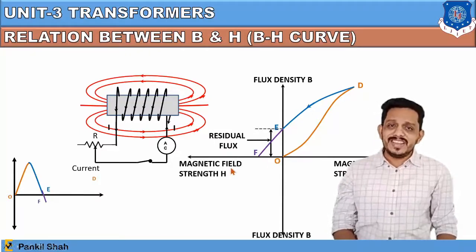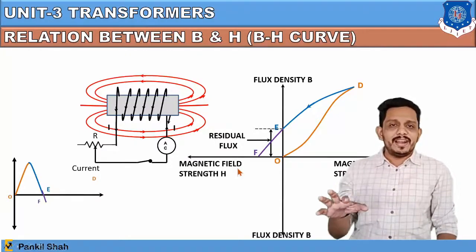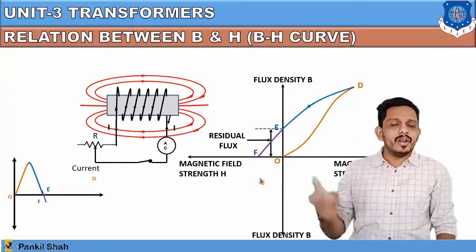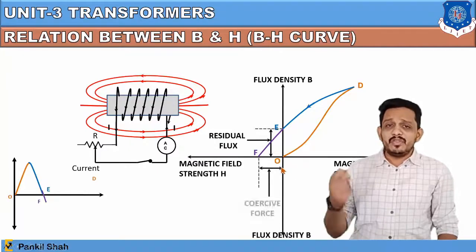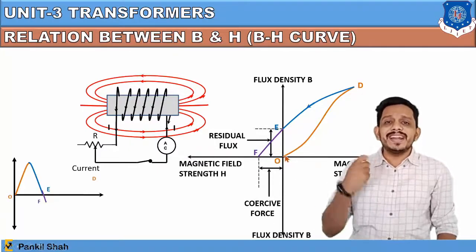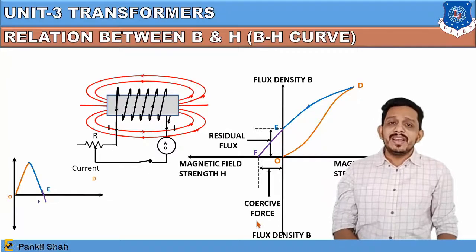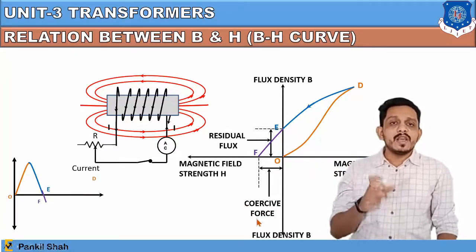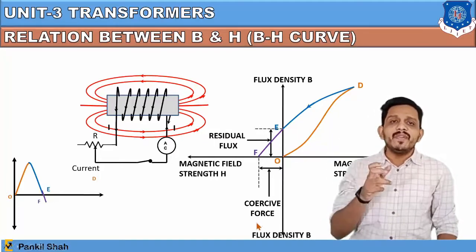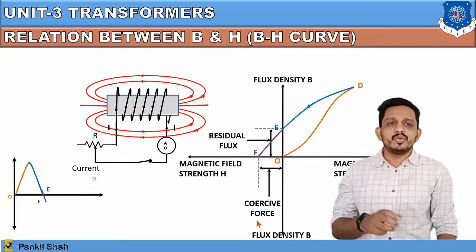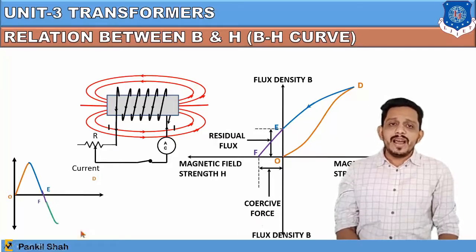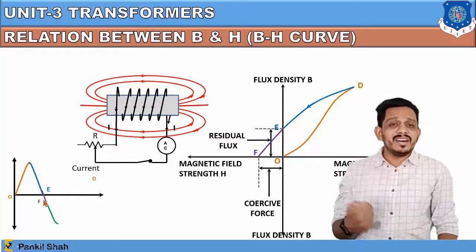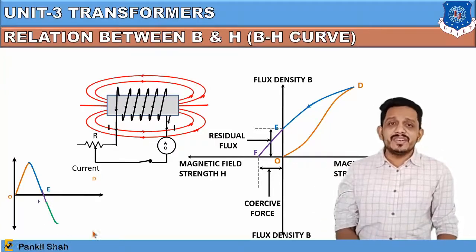So up to this E to F point, no net magnetic flux is there, but this flux is only required to cancel out the residual flux. So the magnetizing force which is given to cancel out this residual magnetism is known as the coercive force. This magnetic force, which is given to nullify the effect of residual magnetism, is known as the coercive force.